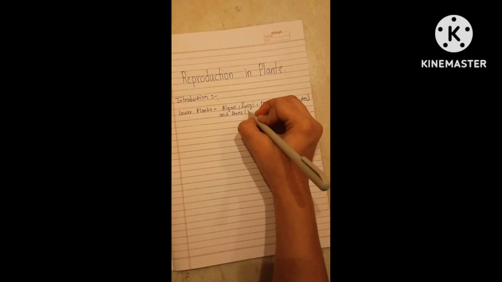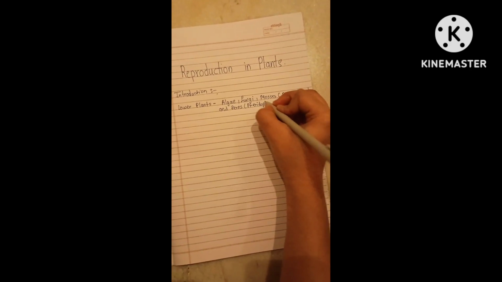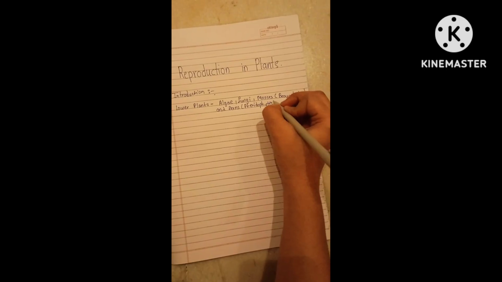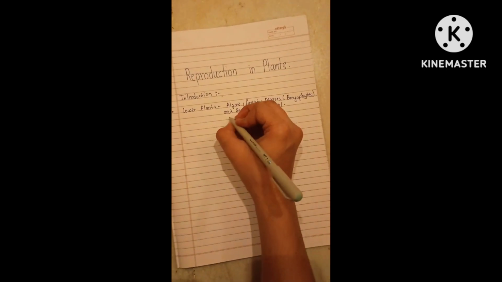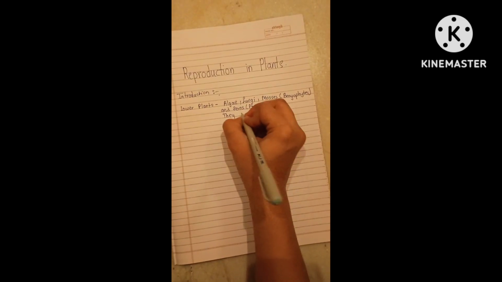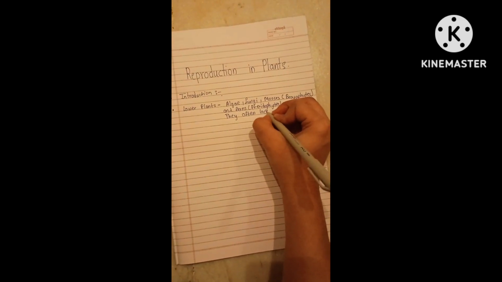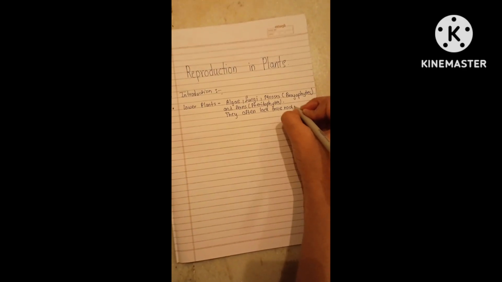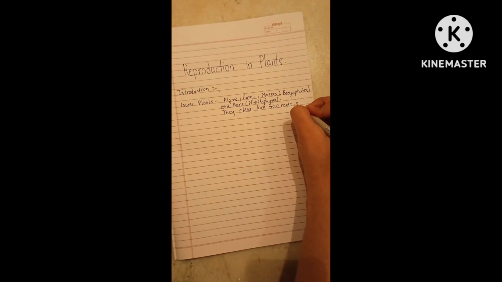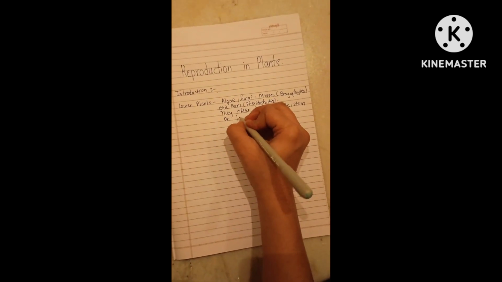Ferns are pteridophytes. These are simpler in structure. They often lack true roots, stem, or leaves. Okay.